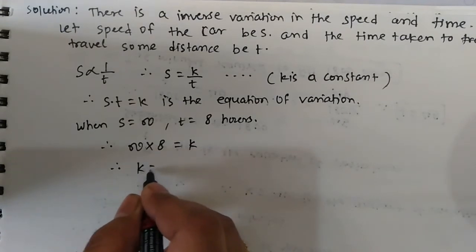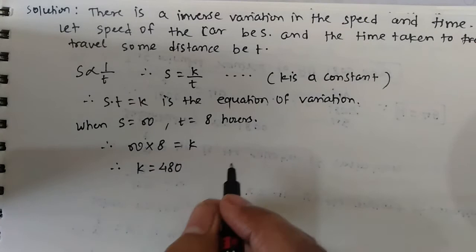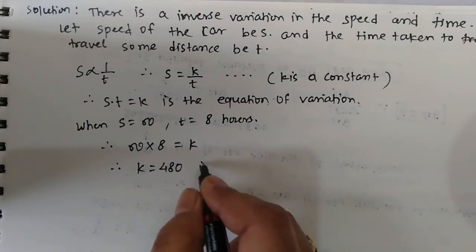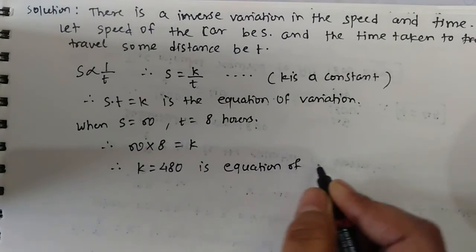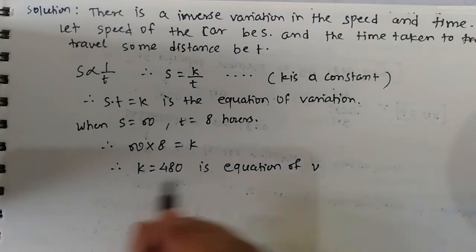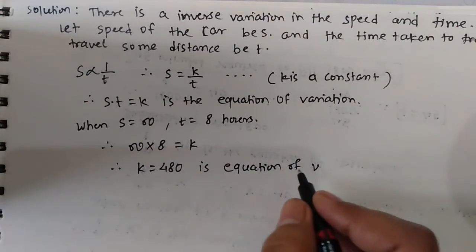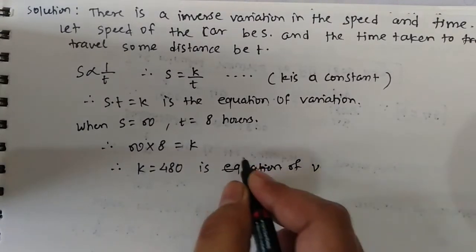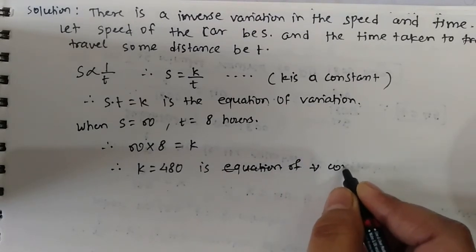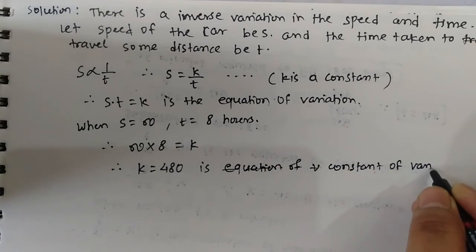Therefore k is equal to 480. This is not the equation, this is the constant of variation.